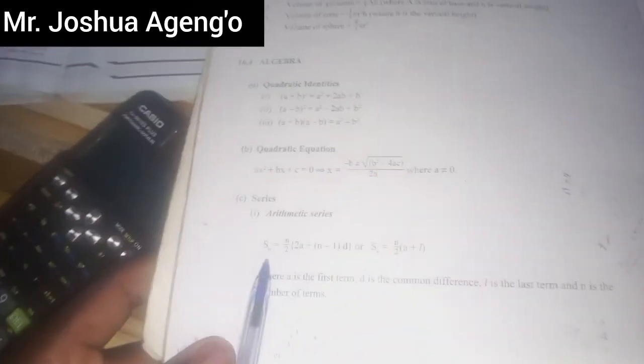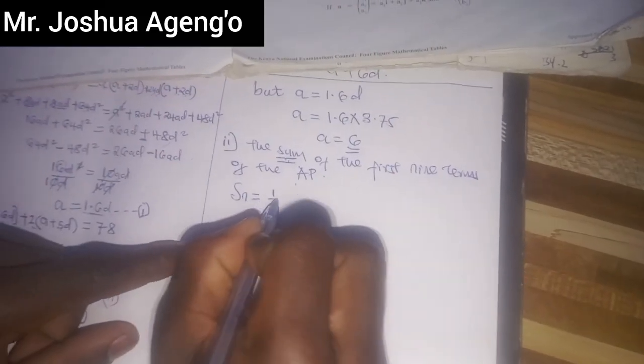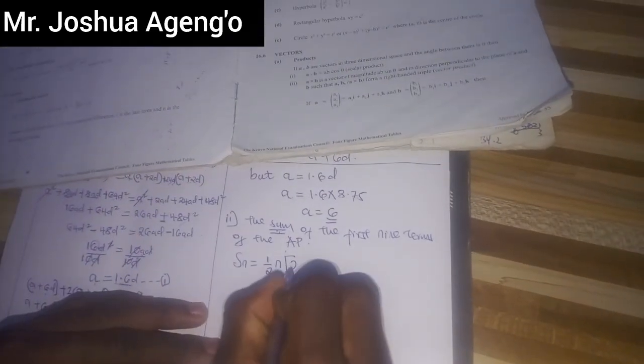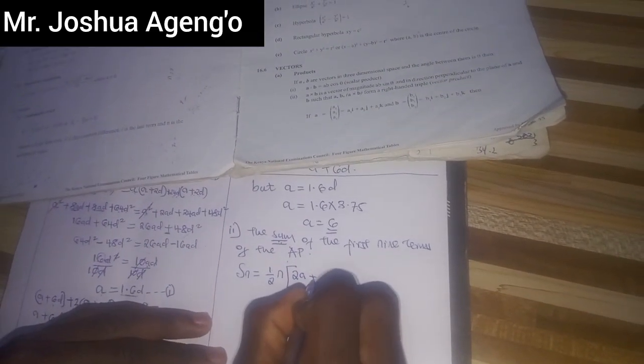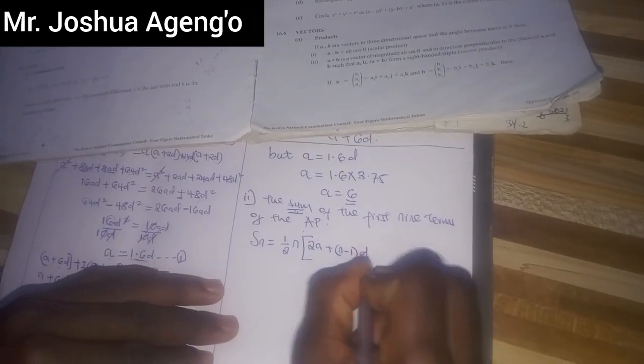So in arithmetic series or progression, sum, which is denoted by Sn, from the mathematical table is equal to half n. Half n is just the same as n over 2. That is why here they've written n over 2. Then into 2a plus n minus 1 times d.